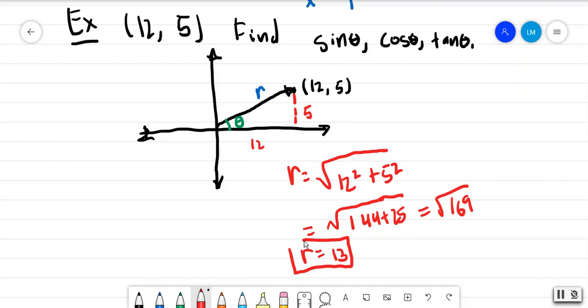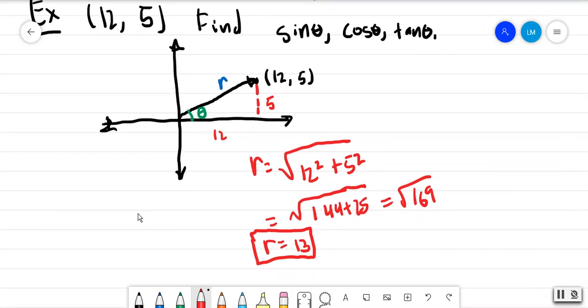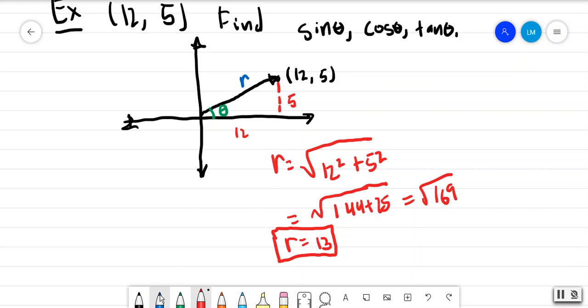Now, that's not actually the solution technically. It's going to be a little more than that, where you're going to find sine. So sine is equal to, no, it's going to be 5 over 13, and then cosine is going to be 12 over 13.